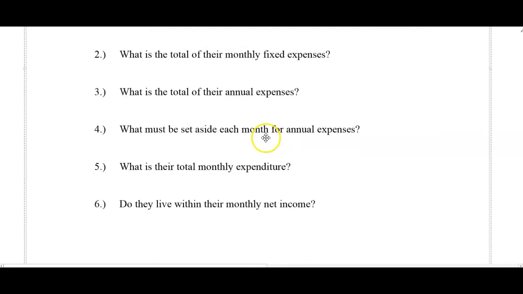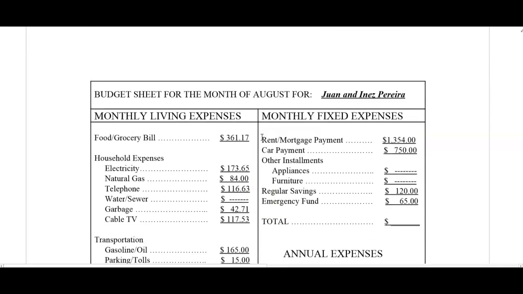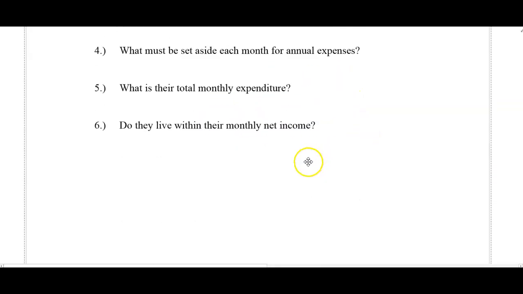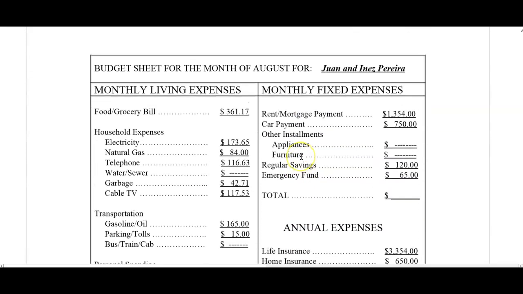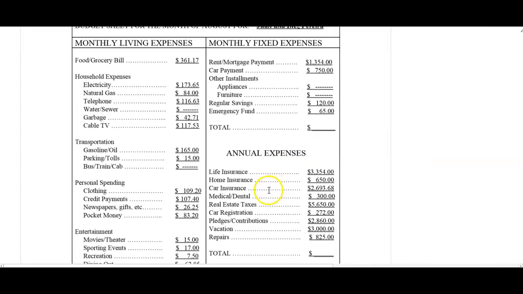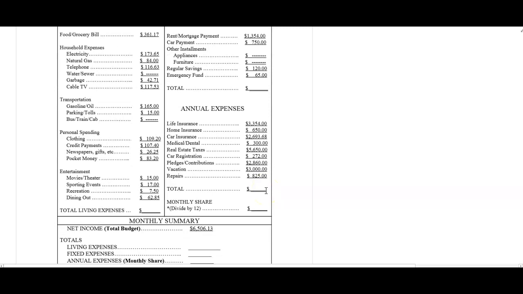So let's just go to here and look at, up in these questions, what is the total living expenses, fixed expenses, annual expenses? If we go down to this budget sheet for Juan and Inez, I'm going to try and shrink it so we can see it all.